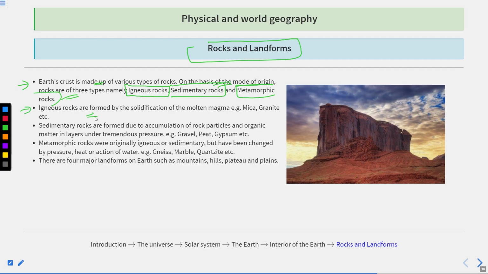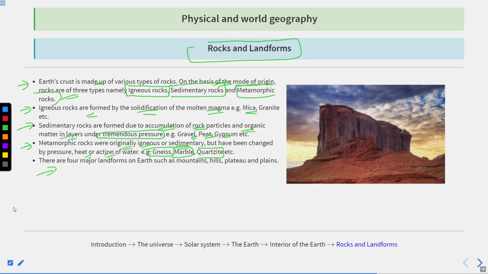Igneous rocks are formed by the solidification of molten magma, and examples are mica, granite, etc. Whereas sedimentary rocks are formed due to the accumulation of rock particles and organic matter in layers that got under tremendous pressure. Examples are gravel, peat, gypsum, etc. Metamorphic rocks were originally igneous or sedimentary, but have been changed by pressure over a period of time, heat, or water action. Examples are gneisses, marble, quartzites, etc.